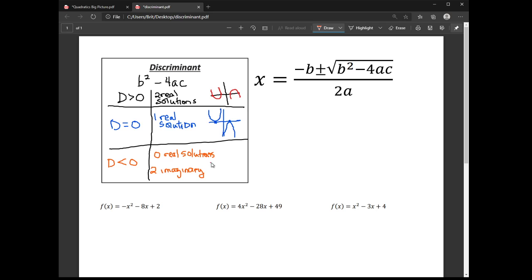And so what that means is that this parabola never crosses the x-axis. It could reach its maximum and then fall before ever crossing, or reach its minimum and rise again before ever crossing. And we don't have to do the entire quadratic formula to figure out the number of solutions. You just, again, have to use the discriminant portion.